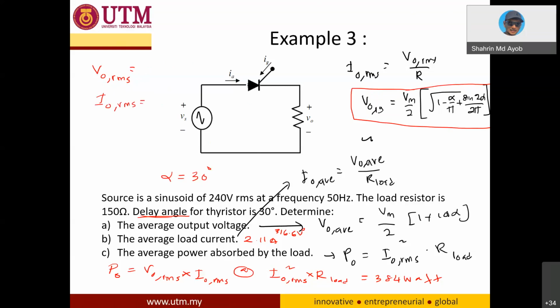Use the equation Vm over 2 and then multiply with square root of 1 minus alpha over pi. So your alpha you need to convert into radian. So 30 over 360 multiply with 2 pi, you should get 0.52 radian.